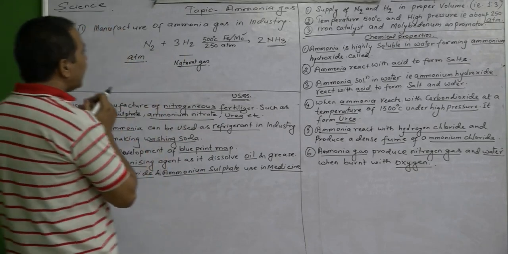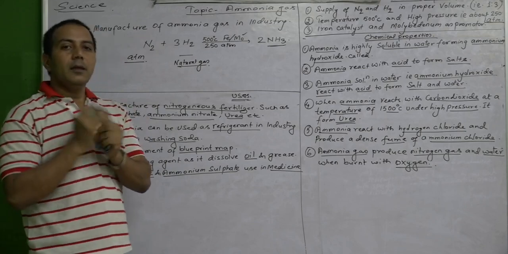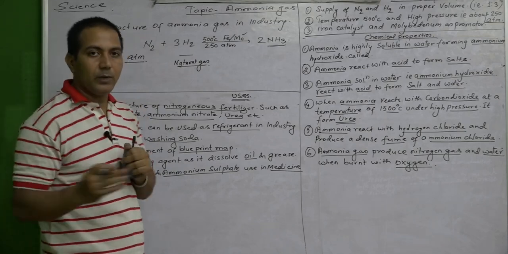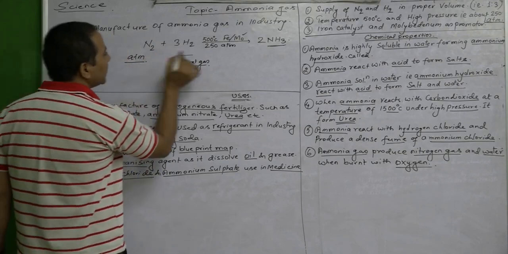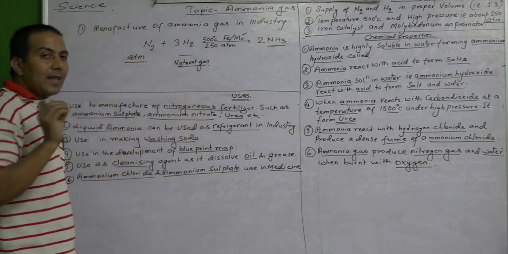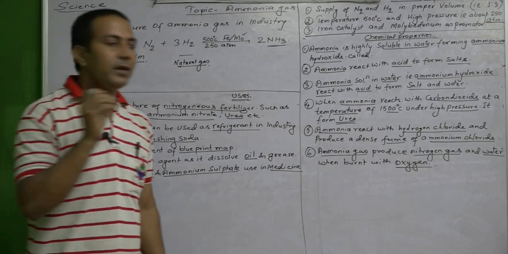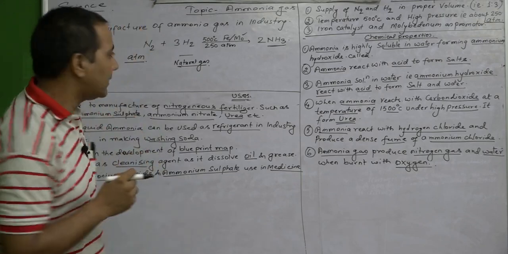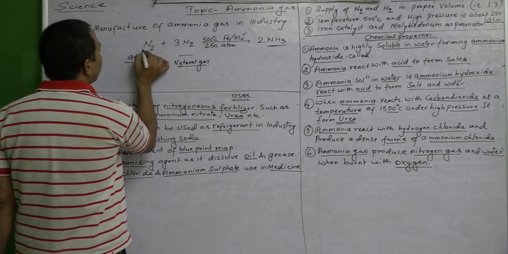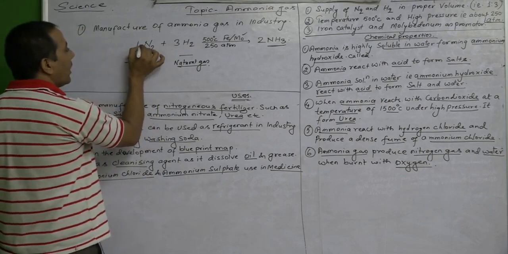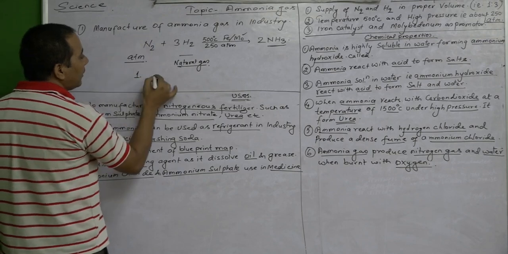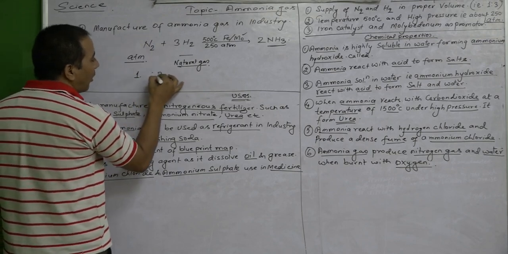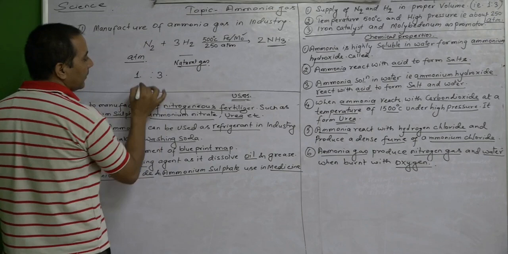We can tell it by looking at the balanced chemical equation. By looking at the balanced chemical equation we can say the volumes required for the preparation of ammonia gas. Here, what is the amount? 1 volume of nitrogen with 3 volumes of hydrogen.